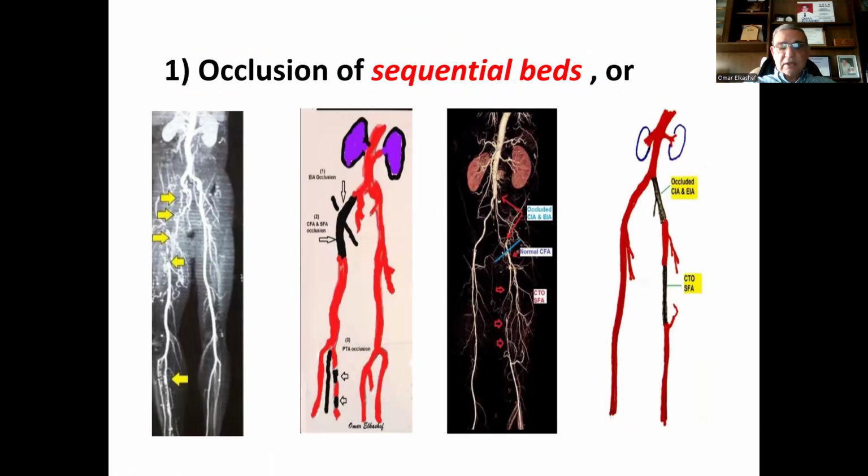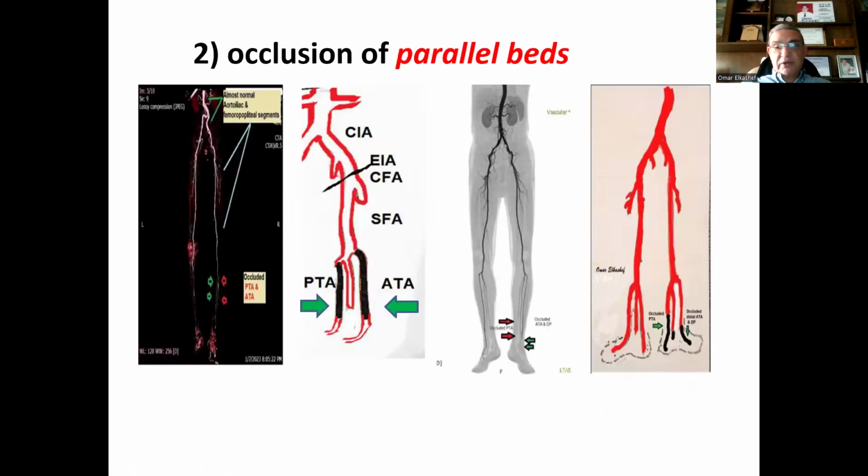As here in the film to the left side, there is occlusion of the right common iliac and external iliac arteries, together with occlusion of the tibial arteries, occlusion of the peroneal, and occlusion of the posterior tibial, as it is apparent in this sketch. On the right side film, there is occlusion of the iliac and occlusion of the SFA.